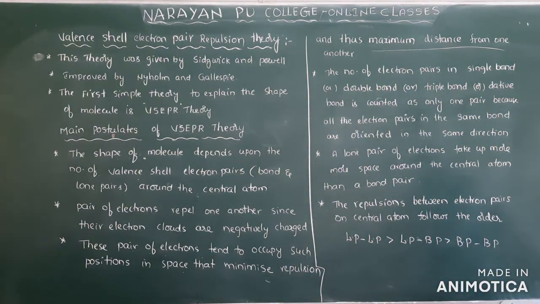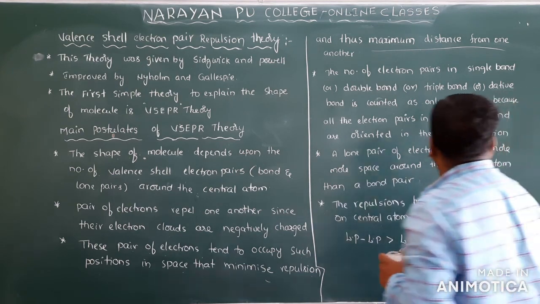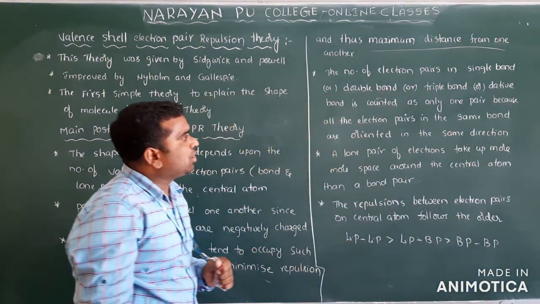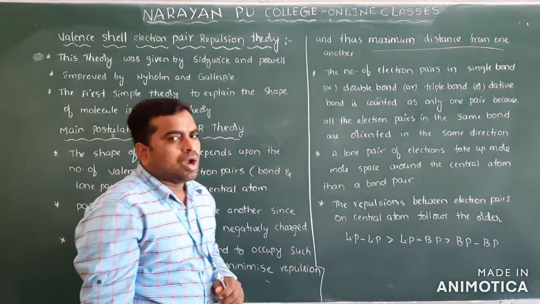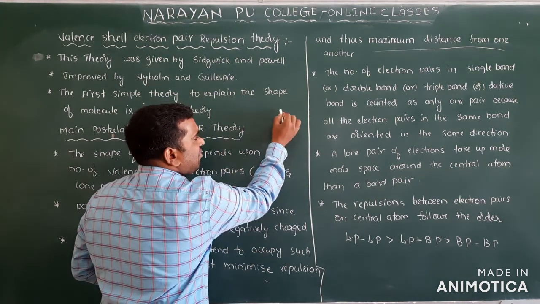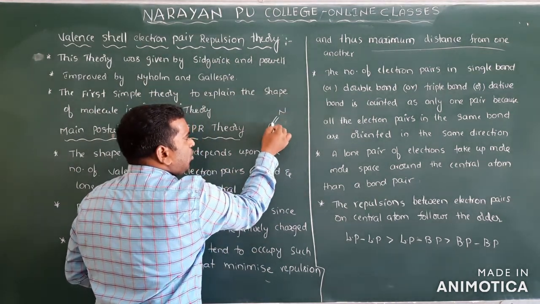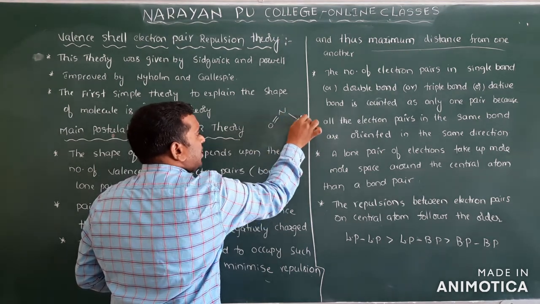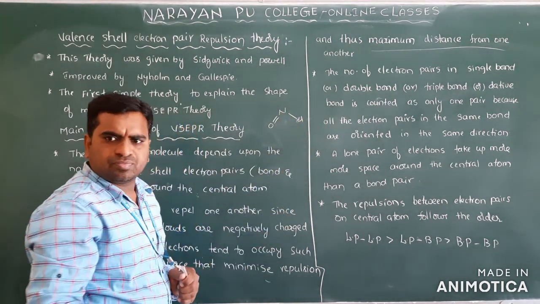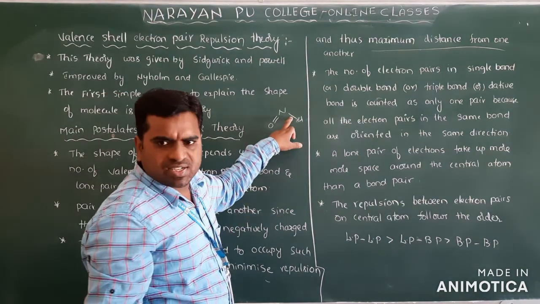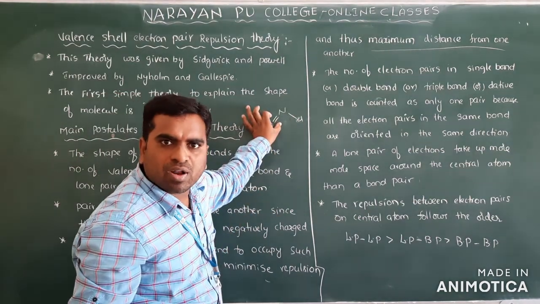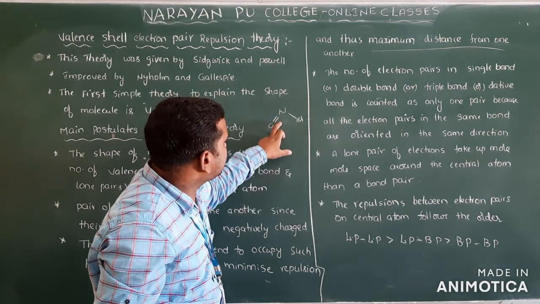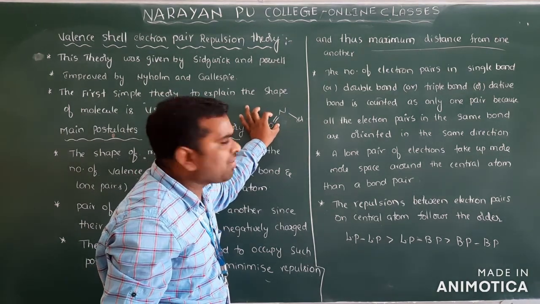Now, the number of electron pairs in a single bond, double bond or triple bond is counted as only one pair. Suppose I write here there will be a double bond to O here, or here a single bond to O, or single bond NOCl like it is there. Clear? Here this bond is a single bond, but here which one is there? Double bond. Clear? But we will consider here one single pair of electrons only.